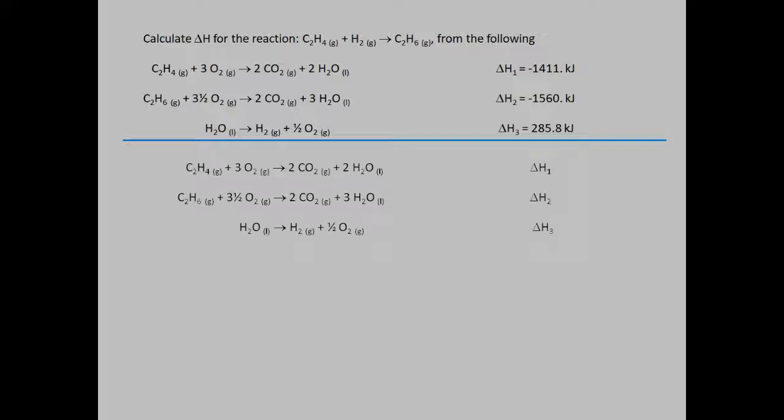Just like we did before, the first step is to write out all of the reactions we have, and the second step is to identify things that are required.